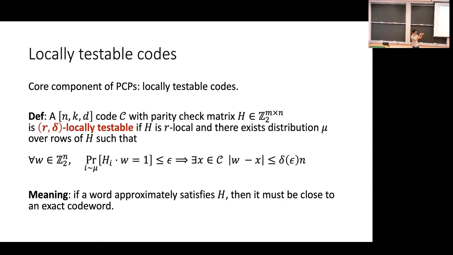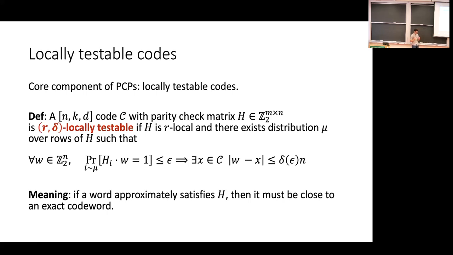You're only looking at 10 bits of your code word. Say you walk up to me with any vector W in Z2 to the n, and someone is claiming that W is an actual code word, just like someone claiming they have a proof of the Riemann hypothesis. You say, well, I don't have time to look at the whole code word. I'm just going to sample 10 random bits according to the parity check matrix.